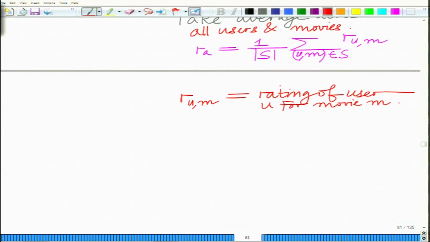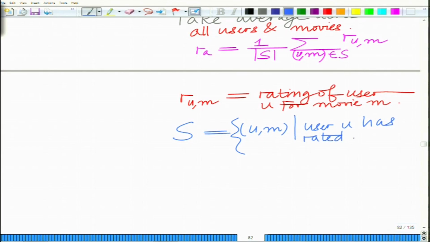All right. Now S is the set of all ratings available, or S contains all the pairs (U, M) such that user U has rated movie M. I can only consider the average of all ratings that are available. If user U has not rated movie M, I cannot include it in the average. So for all the ratings that are available, simply take the average of that.